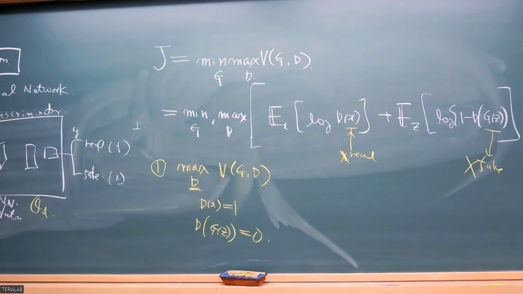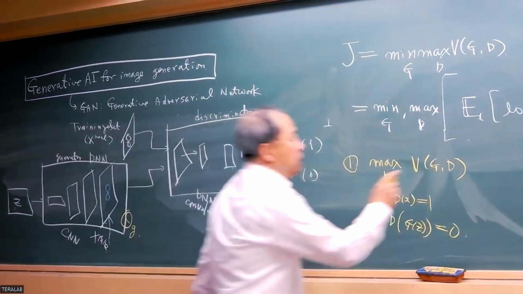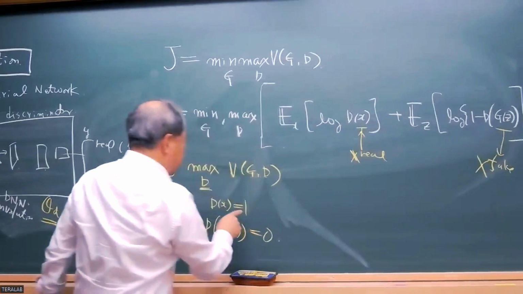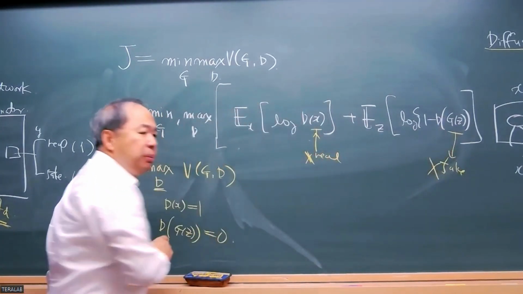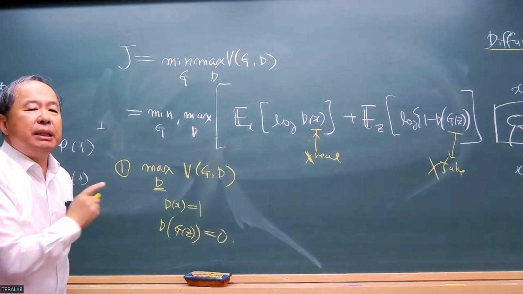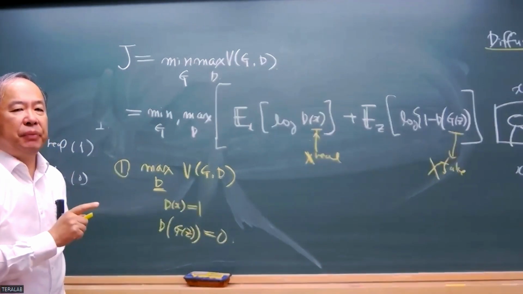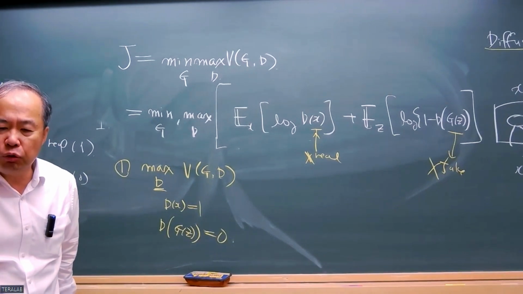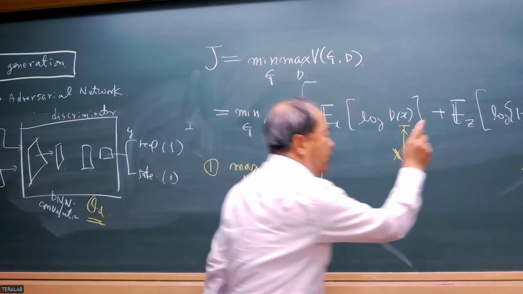So you have to train discriminator so that real image discrimination is equal to 1 and fake image discrimination should be equal to 0. This is a way to train discriminator. Discriminator has to know what is real, what is fake.